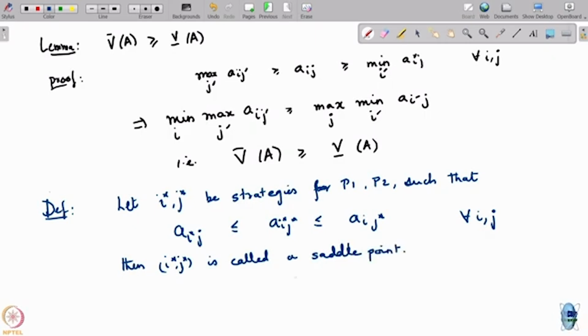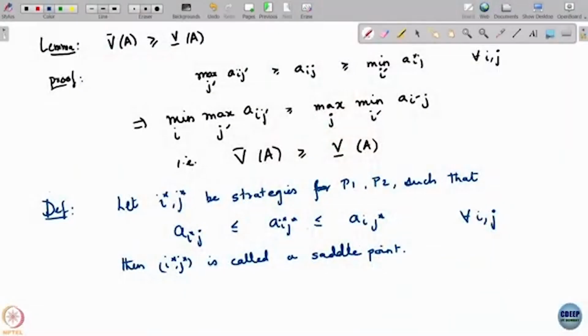Now, okay, so this pair is called a saddle point. Now, I have used the notation I star j star for security strategies. I am also using it again for saddle point, and the reason for that is, if the security strategies together ended up forming a saddle point, then they would actually suffice to solve the game, because effectively each player when playing his security strategy, the other guy responds also with a security strategy, because the response to I star is j star, and the response to j star is I star.